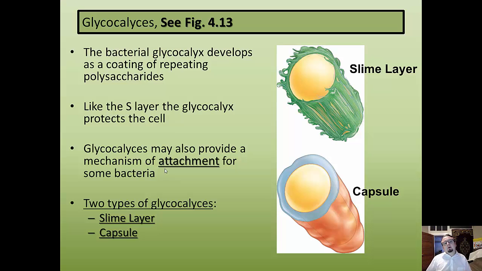But to clarify, an appendage for attachment would be like the pili or the fimbriae. Those are things that stick out from the cell. So those are mechanisms for attachment in terms of an external appendage. A lot of bacteria may not have those or may not always produce them, or even if they do, they may also produce the Glycocalyx in addition or rather than, and this can act as a different or alternative mechanism for attachment.